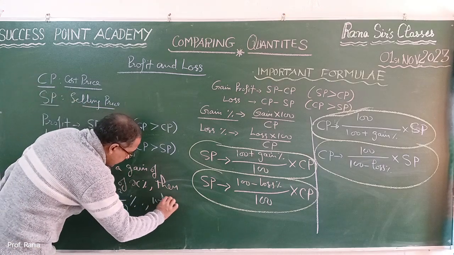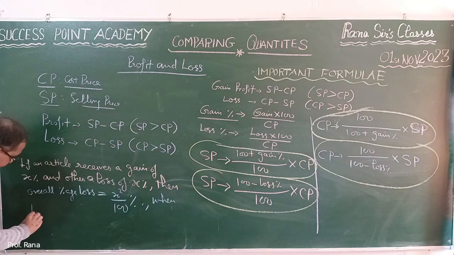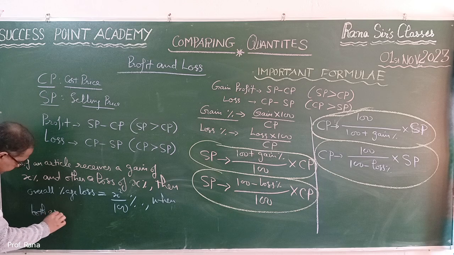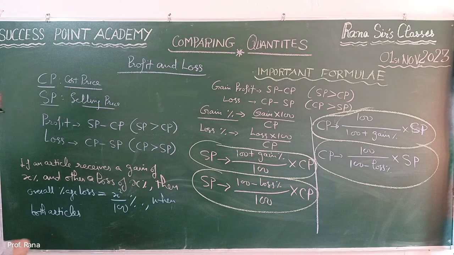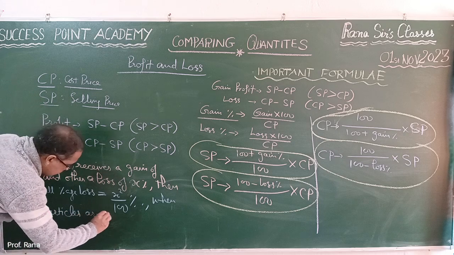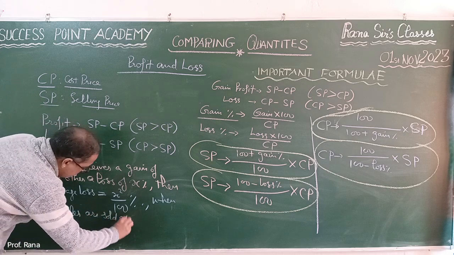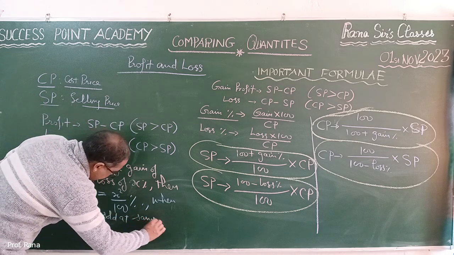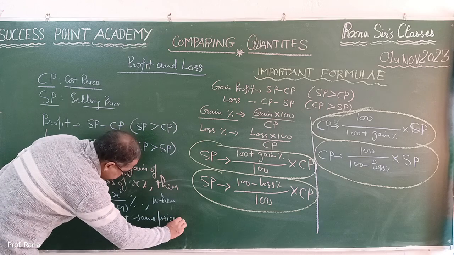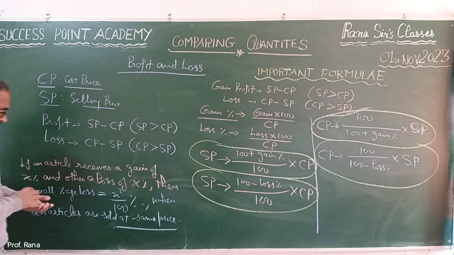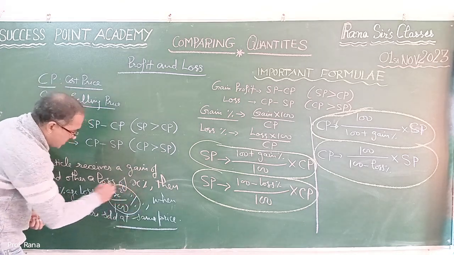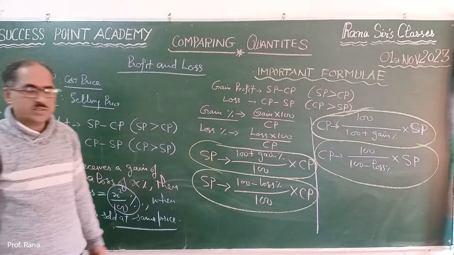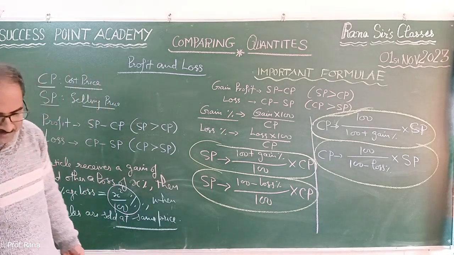When both articles are sold at the same price, this is the condition to apply this particular formula, X square upon 100%. So you should write it down.